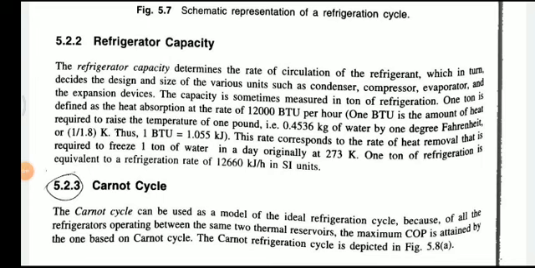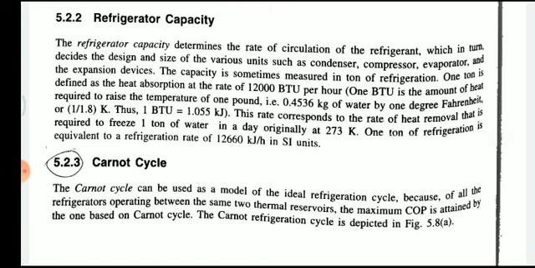Refrigerator capacity determines the rate of circulation of the refrigerant, which in turn decides the design and size of the various units such as the condenser, compressor, evaporator and the expansion devices.